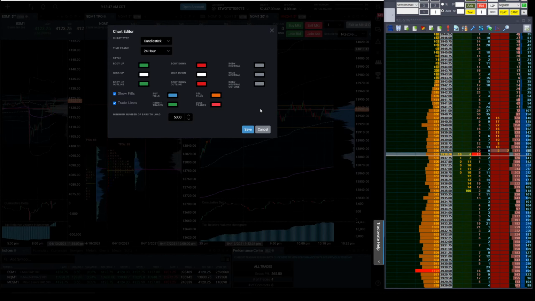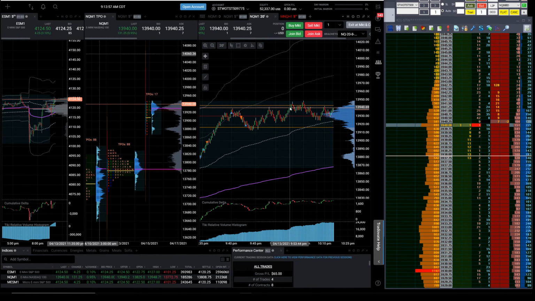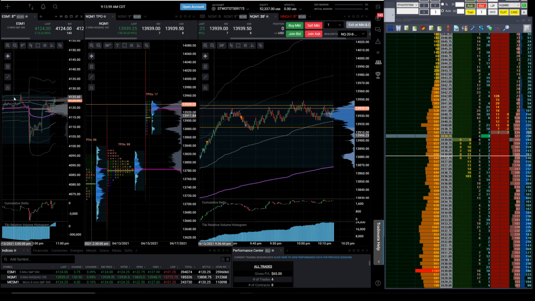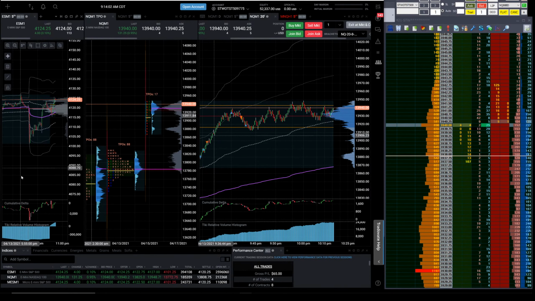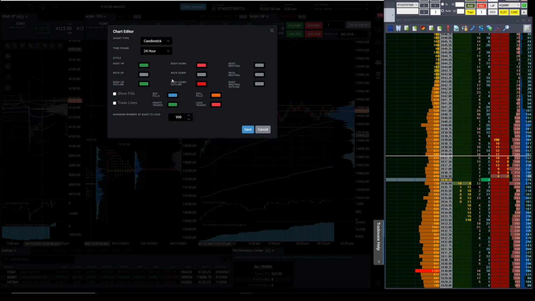Show fill. Well, there we go. That's a little easier to see. Perhaps a little brighter for the stream. This gray neutral candle over here is kind of weird looking. See if I can get that set right.